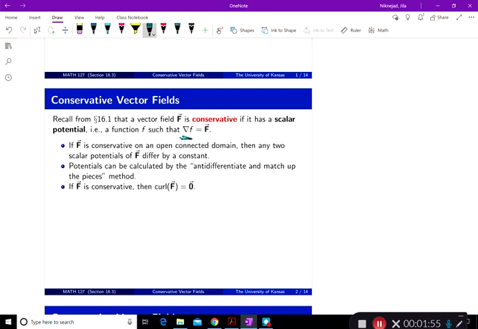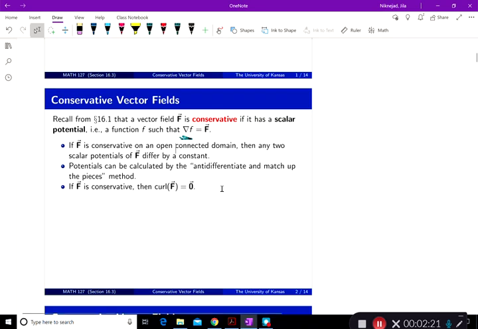And so an antiderivative of a function could differ from another antiderivative by a constant. A potential can be calculated by the antidifferentiate and match up the pieces method.